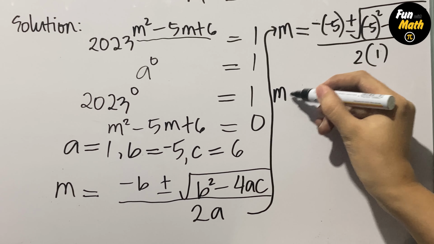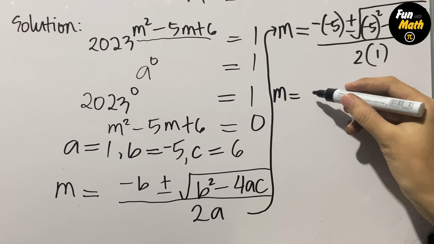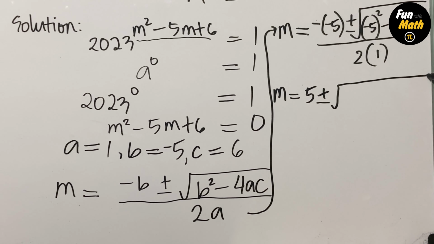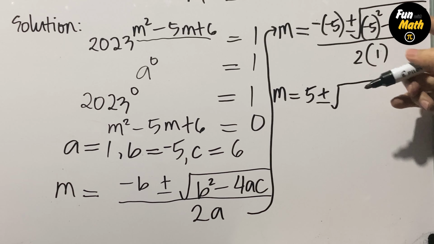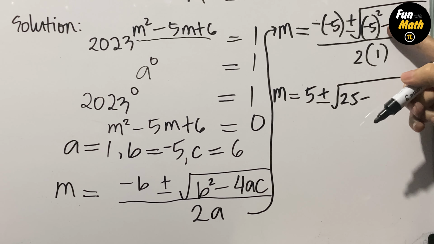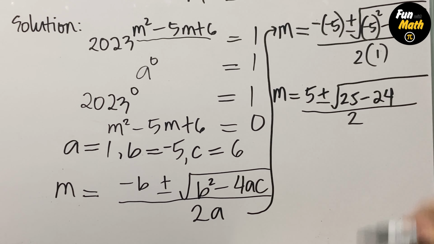And then m is equal to negative times negative 5, that is positive 5, plus or minus the square root of negative 5 squared, that is 25, minus 4 times 1, times 6, that is 24, over 2.